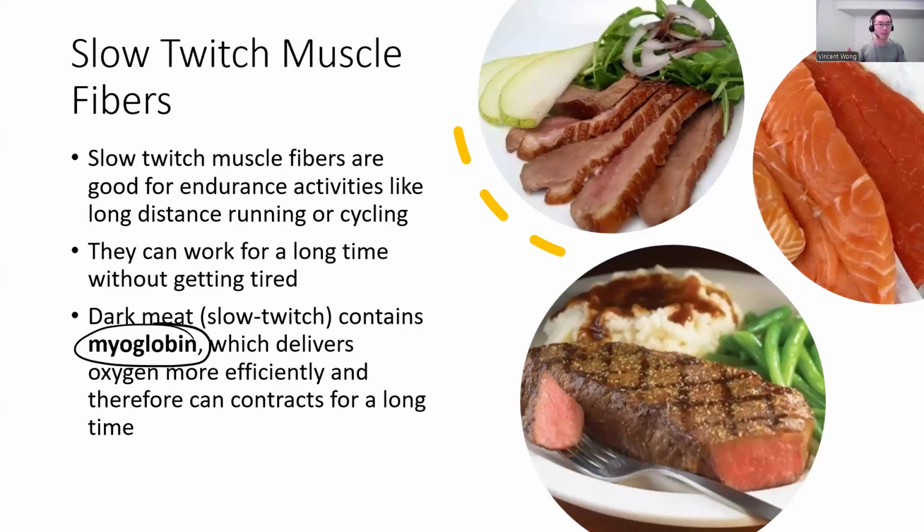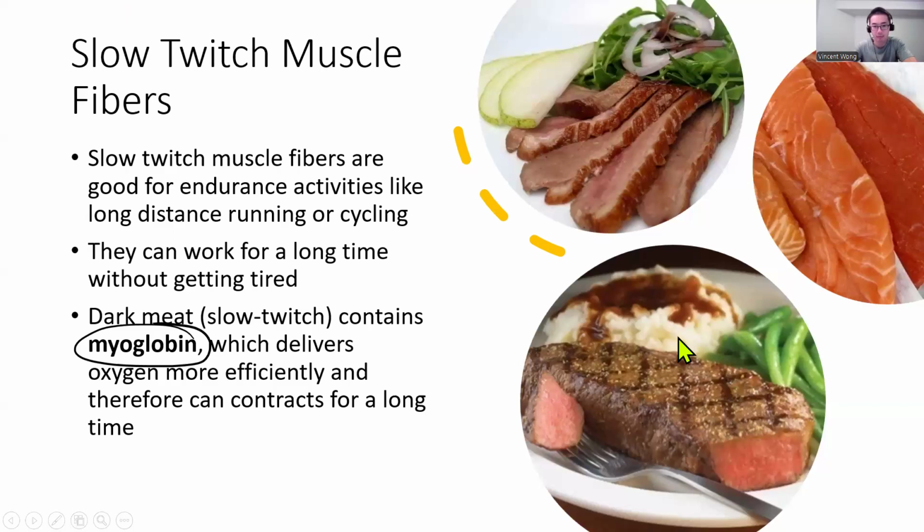But if I try to fast walk or run for 3 hours, I don't even think I can finish that, right? That's because the muscles in the legs for running are not made up of slow twitch fibers. They cannot sustain these kinds of endurance activities unless you train yourself to do it.